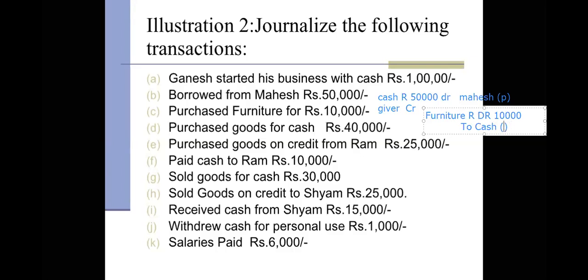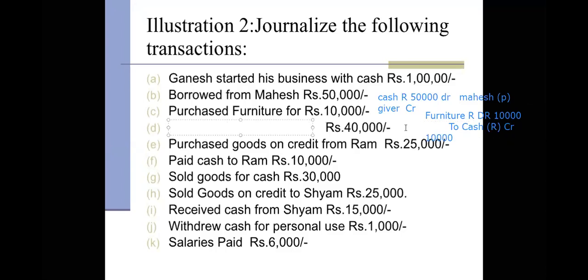Debit what comes in, credit what goes out. Cash is going out, so you are crediting this cash worth rupees 10,000. This is how it is dealt with. I hope it is clear. This transaction is clear to you. Is it fine?